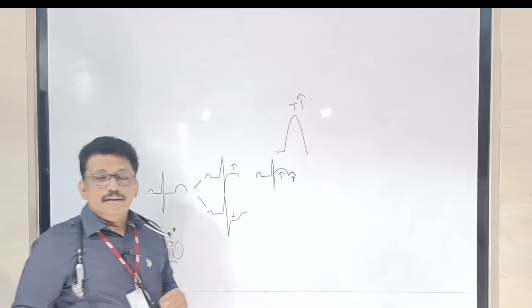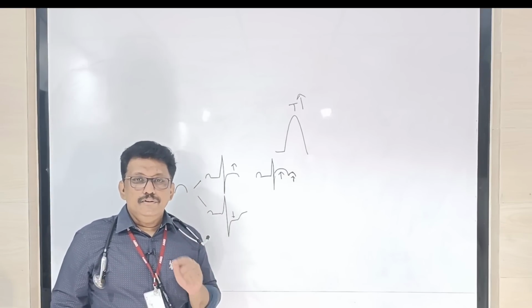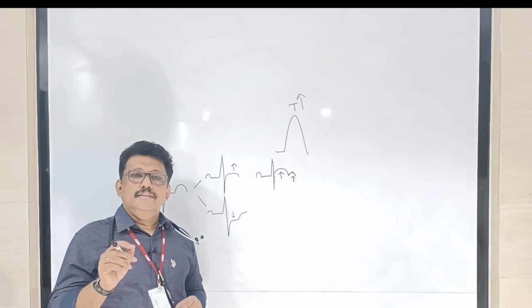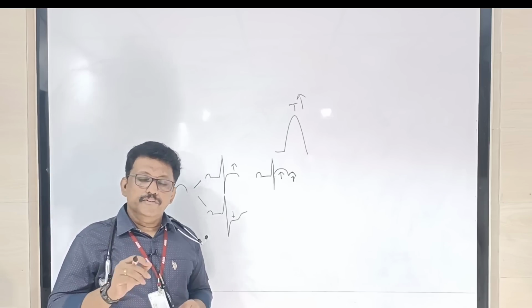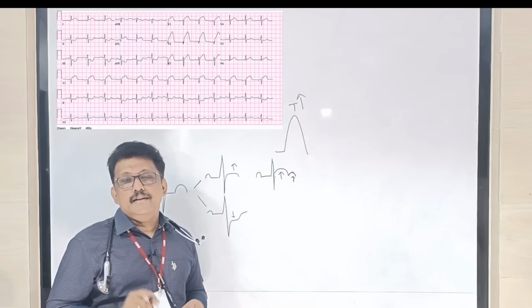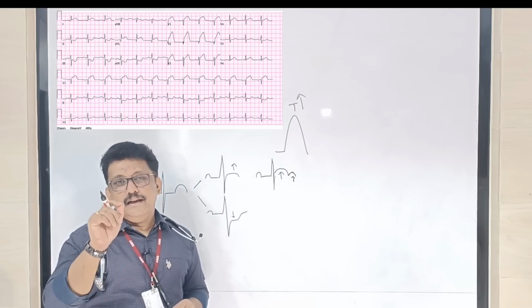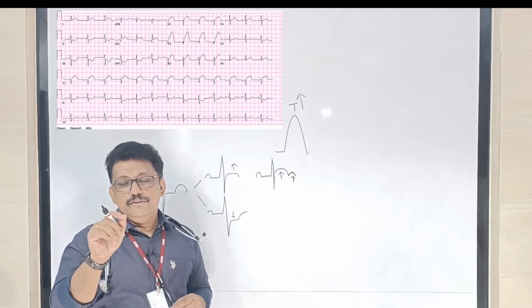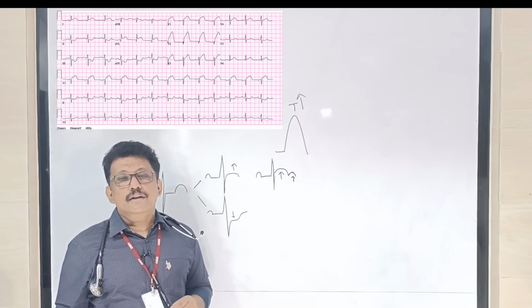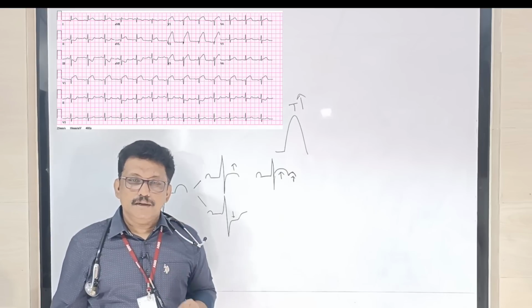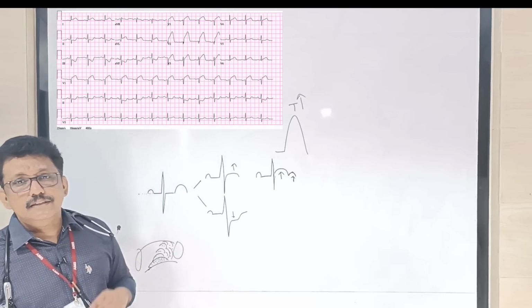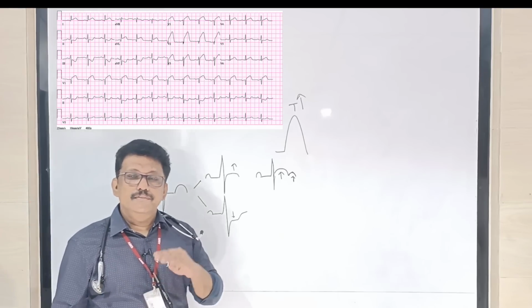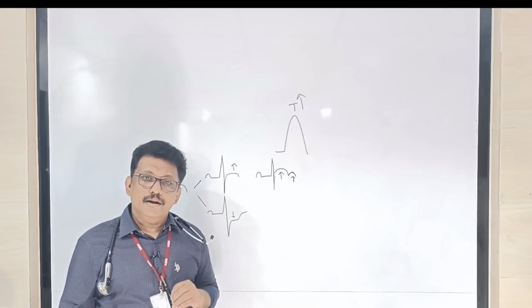If the ST segment is elevated in V1, V2, V3, V4, that is an anteroseptal MI. So the patient is coming with severe chest pain, we are taking an ECG, we are seeing ST elevation in V1, V2, V3, V4, it is called anteroseptal myocardial infarction. So ST elevation in V1, V2, V3, V4 is anteroseptal myocardial infarction.